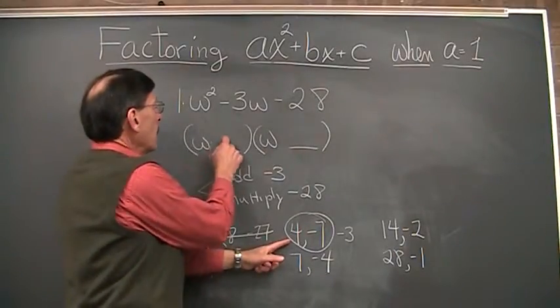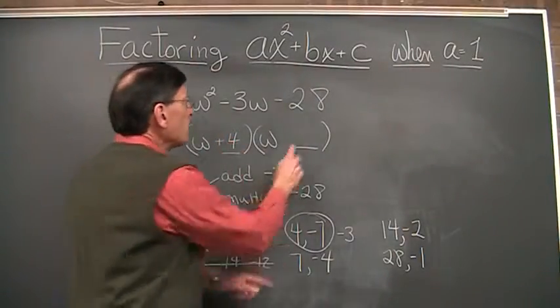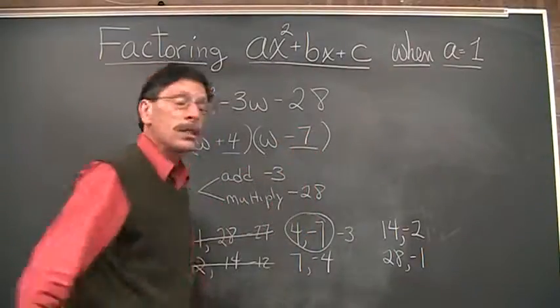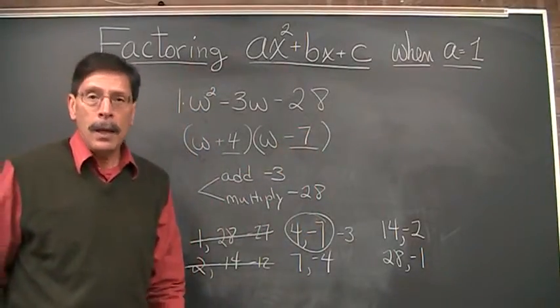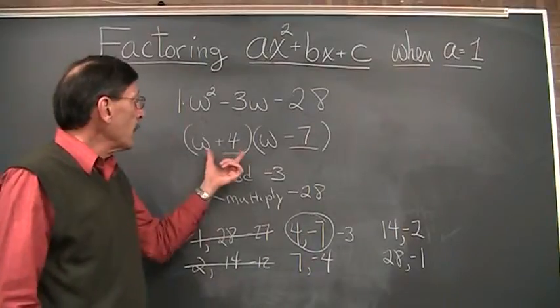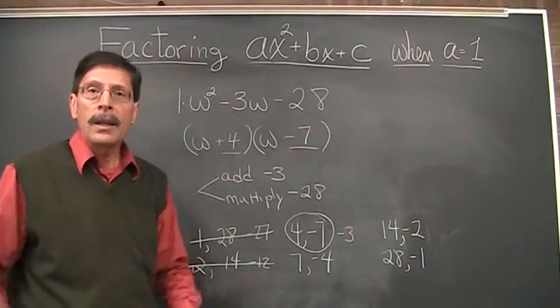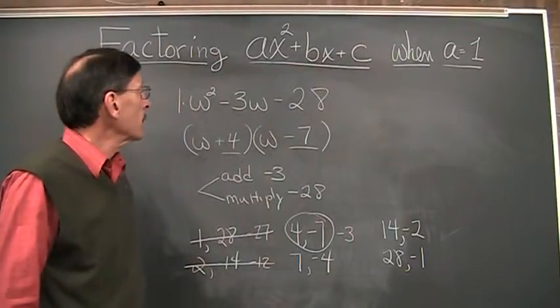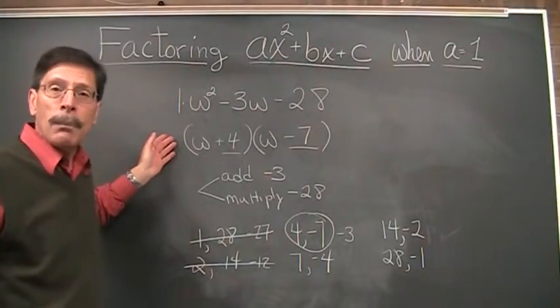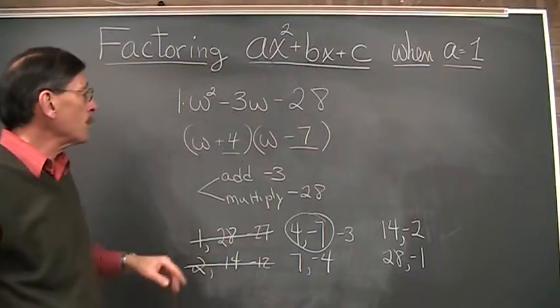So I write a +4 in the first position, a -7 in the second position, and as we've mentioned before, if you reverse these numbers, put a -7 here and a +4 there, the answer is the same when we check by FOIL. And let's run through that check.